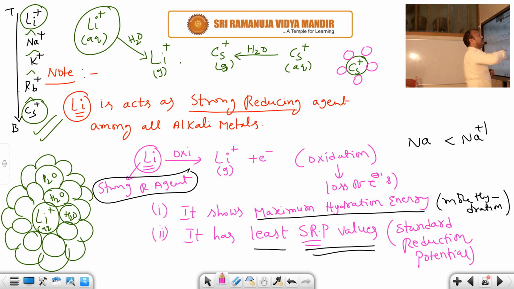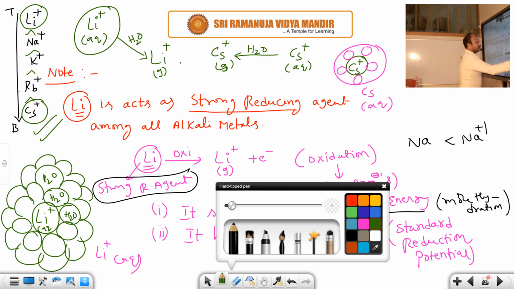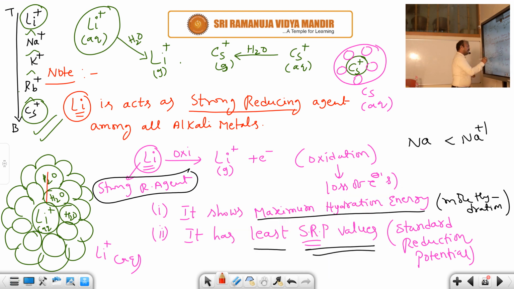So aqueous cesium plus, as well as aqueous lithium plus, where is the hydration energy more? Here the hydrated radius is more. Here the hydrated radius is less. So where the hydrated radius is more, at that place hydration energy is more. Due to that more hydration energy, what will happen?